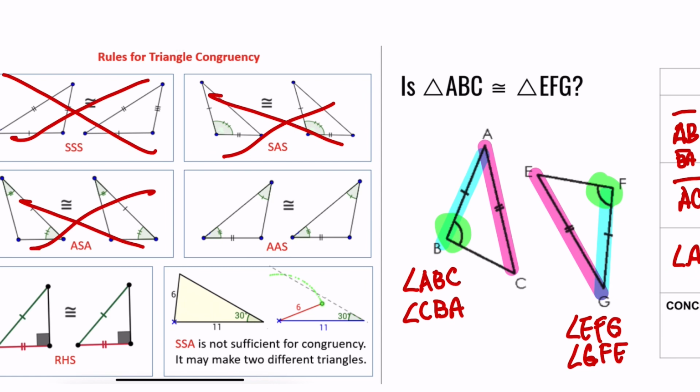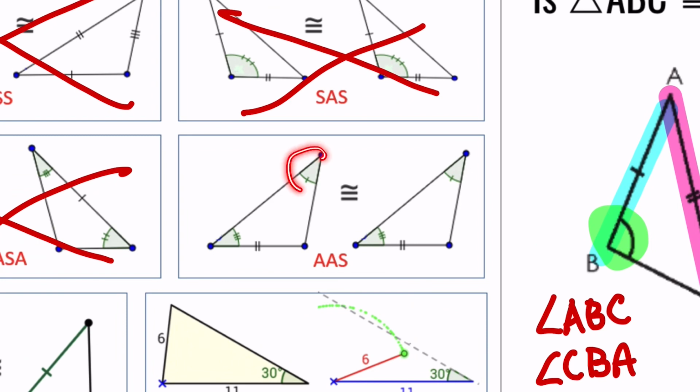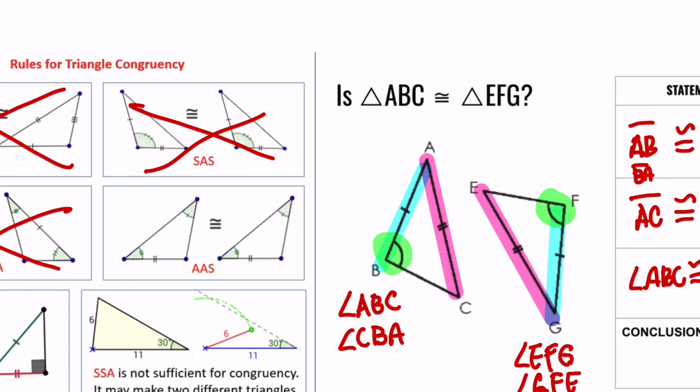So let's try the next one. Angle, angle, side, okay? It can also be this, side, angle, angle, side, okay? As long as you have two congruent angles and one of the sides are also congruent. Again, we cannot use this because we only have one set of congruent angles.